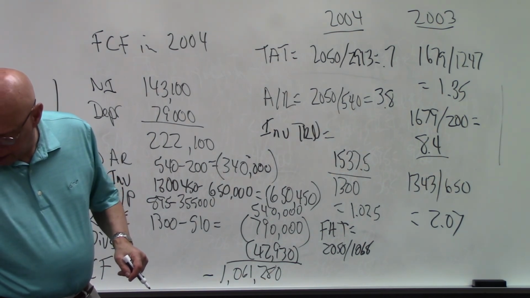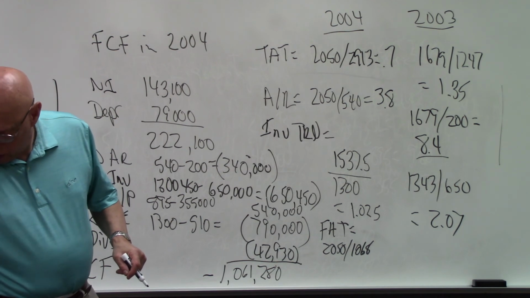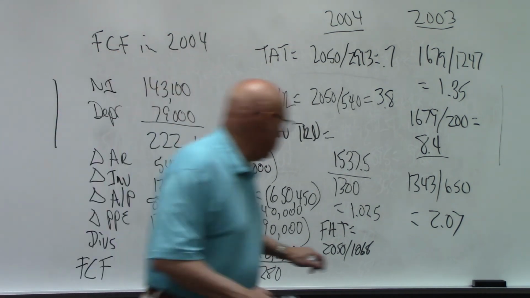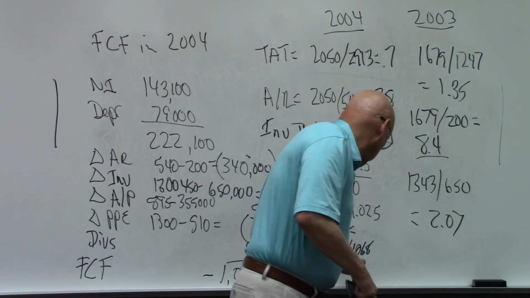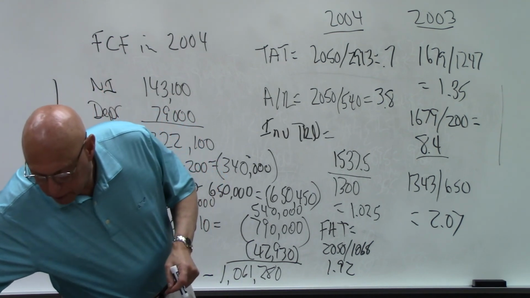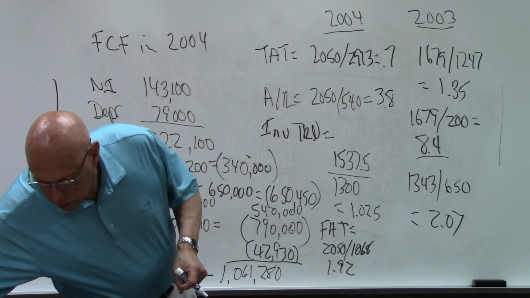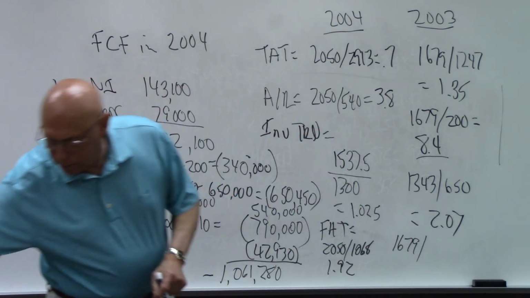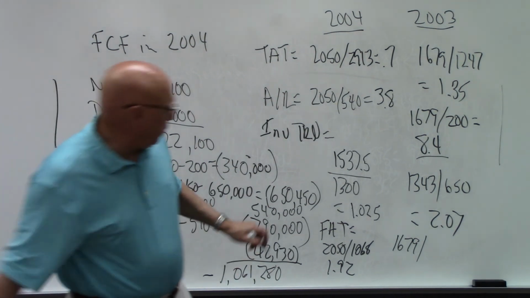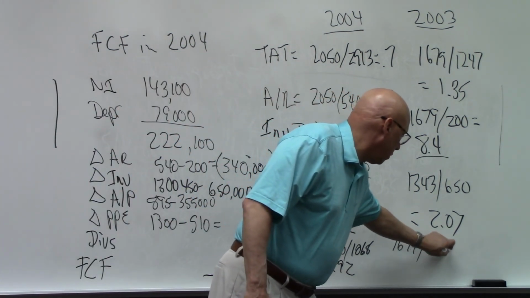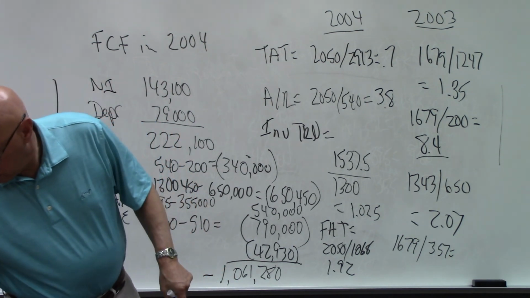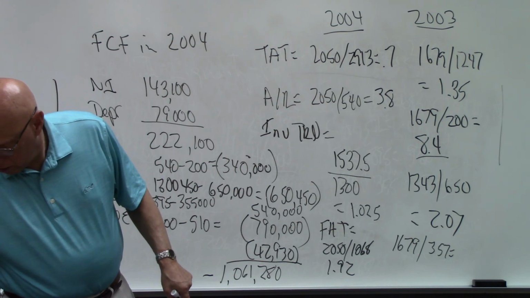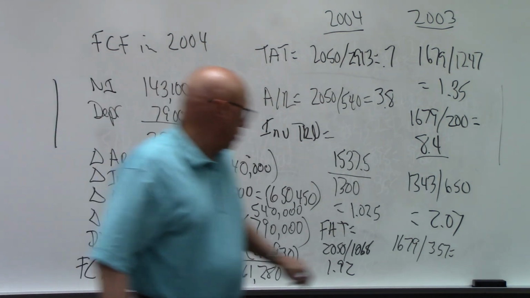Let's clear this calculator out. 2050 divided by 1068 is 1.92. And 1679 divided by 357 is 4.7.